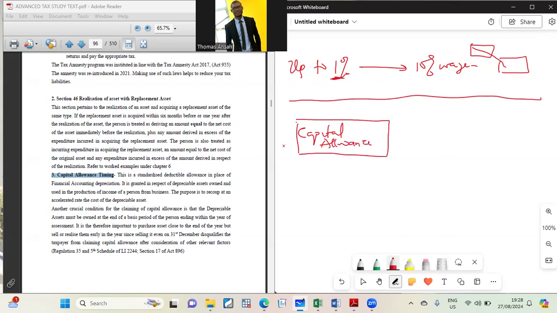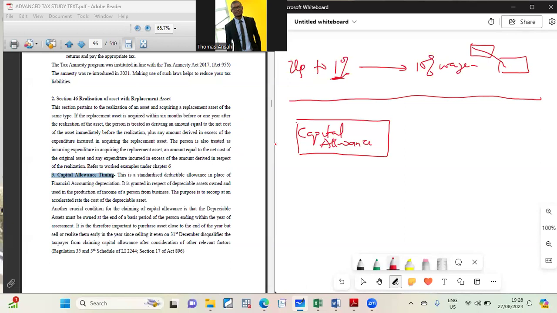So if you own an asset and the asset is used for the production of an income, you get capital allowance. But in the year that you don't own the asset, you will not get capital allowance. So get to understand the thing. If you own the asset, you use it to produce an income, you get capital allowance. If you don't own the asset, you won't get capital allowance.